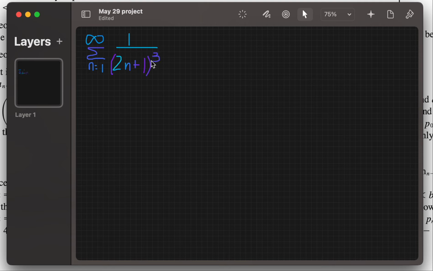This would be cubed, right? And so we want to use the integral test to test for convergence or divergence. So we would turn this into an improper integral from n to infinity of 1 over 2n plus 1 cubed.